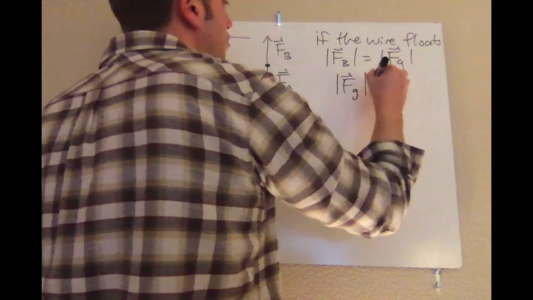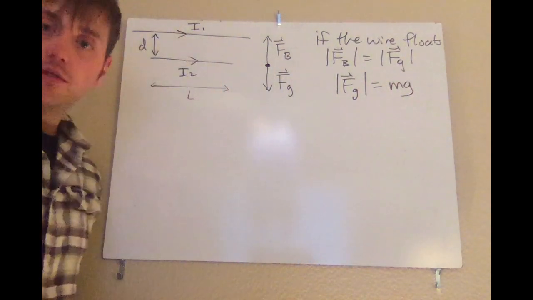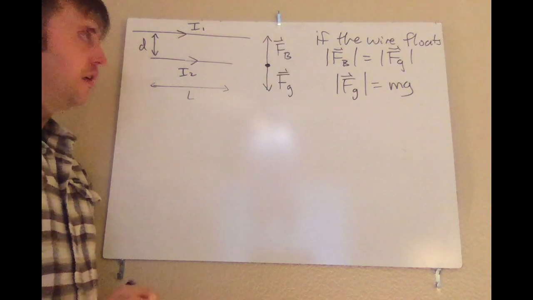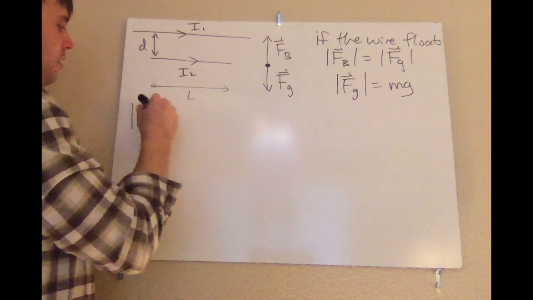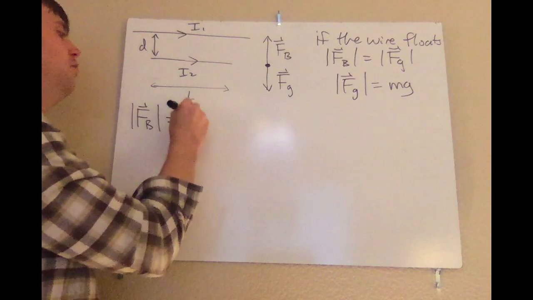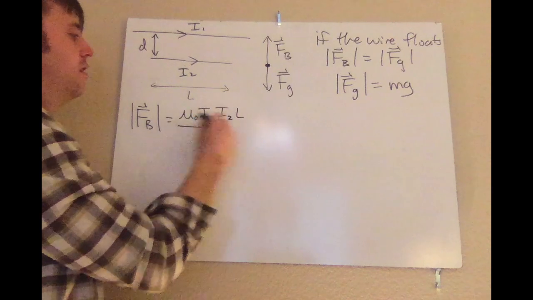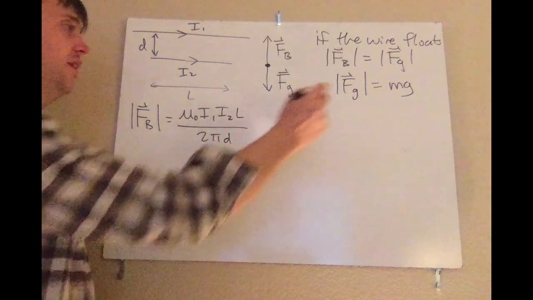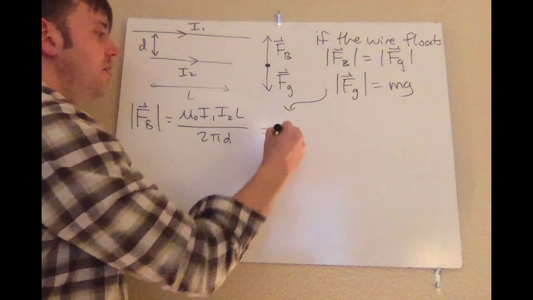That's just m times g, the mass of this wire times 9.8 meters per second squared. What's the other force? Fb is equal to, if we work it out, mu naught I1 I2 times L divided by 2 pi d. We're going to put that equal to the force of gravity, so we're going to put that equal to m times g.